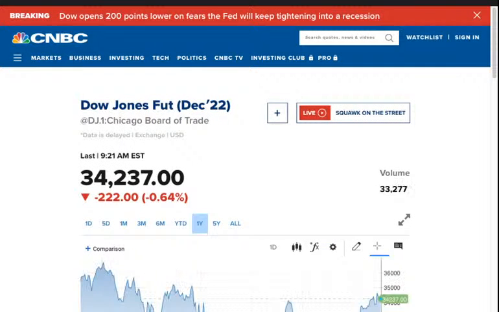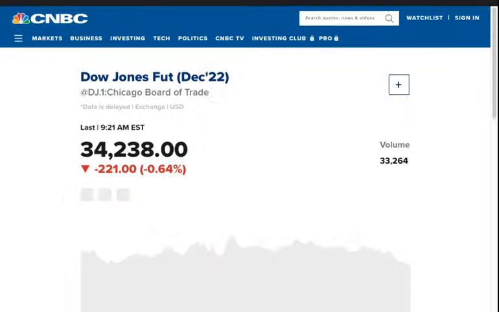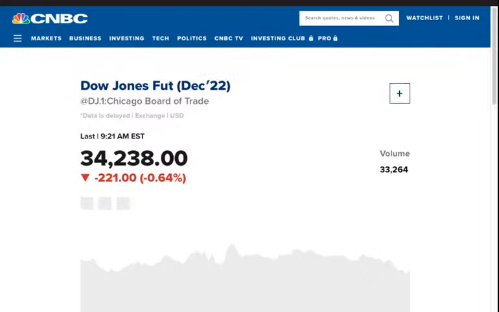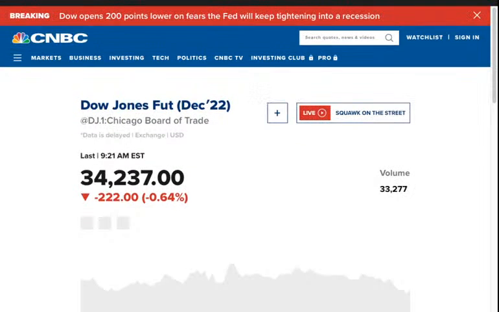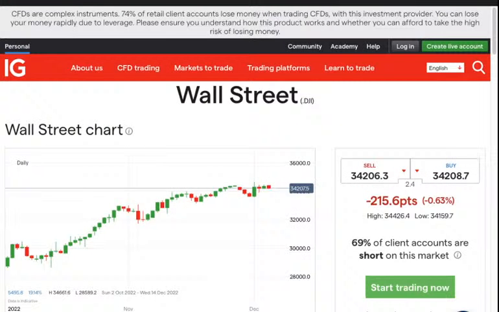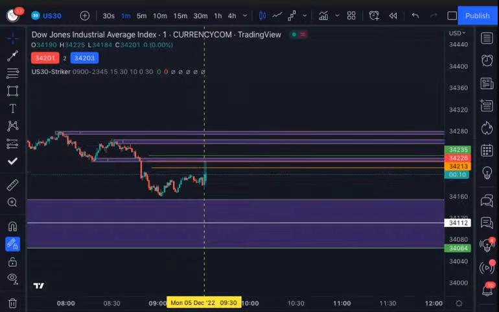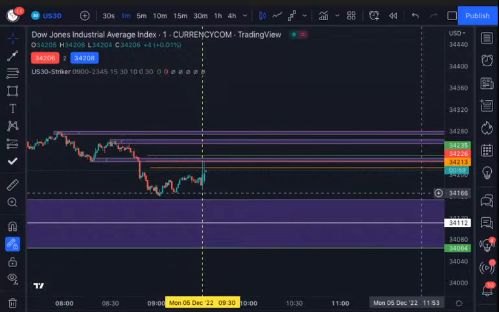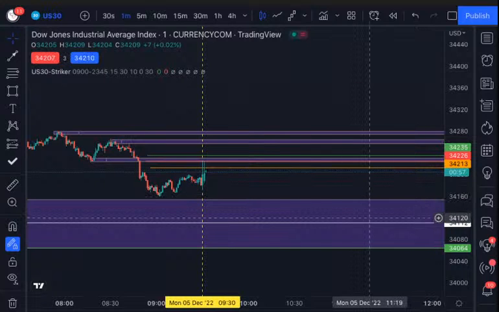Let's refresh the index. It could be shooting down because it's 220 points in the negative. We could be looking for some temporary short positions and then start swinging up, because I have some resistance right here. Price is already rejecting off of it.